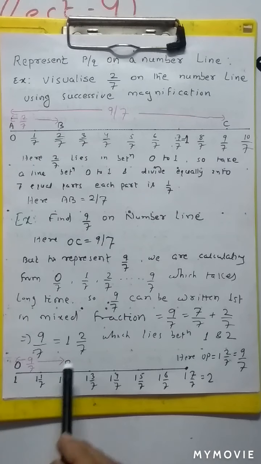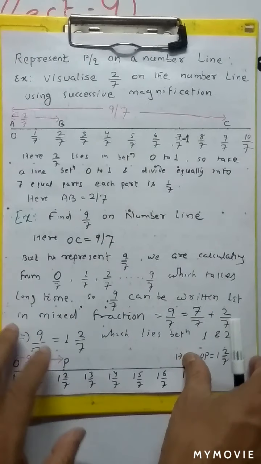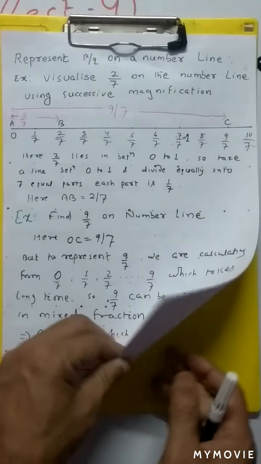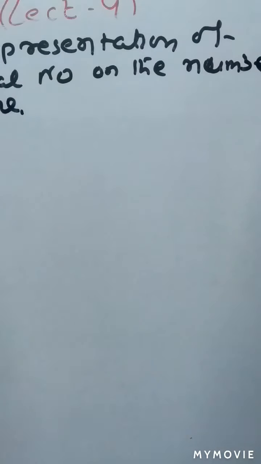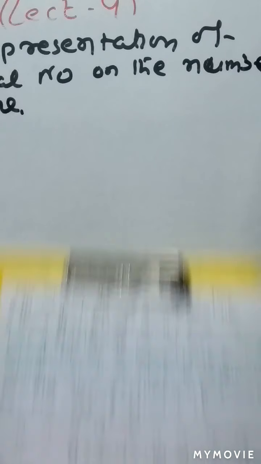So this point P represents 1 2 by 7. So the total distance from O to P is equal to 9 by 7, because O is marked at which point? 1. And P is marked at which point? 1 2 by 7. So this OP length represents 9 by 7. Clear?